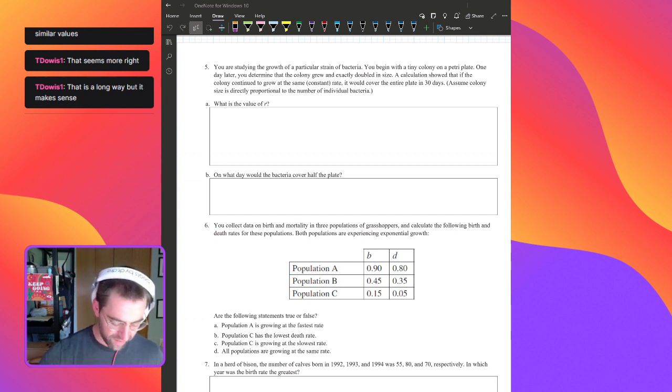This value can be estimated by 70 divided by the percent increase per unit time as a whole number equals the doubling time per unit time. So if 70 divided by R equals 1 day, then R must equal approximately 70%, or 0.7.